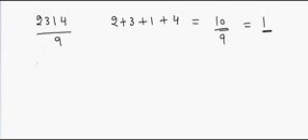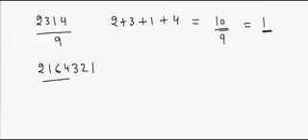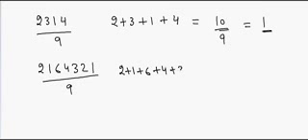Another example is 2 1 6 4 3 2 1. So you can see it's a very large number, and what will happen if you divide it by 9? So in that case, 2 plus 1 plus 6 plus 4 plus 3 plus 2 plus 1.